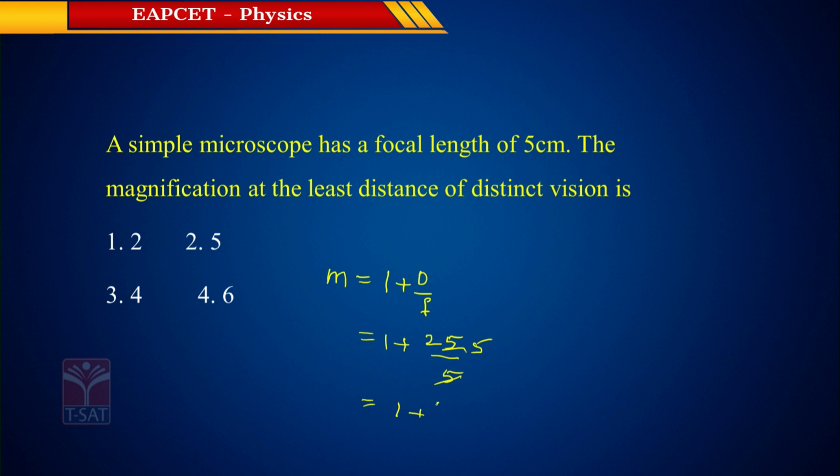Therefore, 1 plus 5 is 6. Therefore, magnification M is equal to 6. Which option is correct? Fourth option is correct.